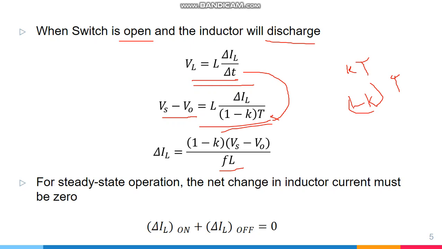Okay, so for steady state operation, the net change in inductor current must be 0. The sum of the change in current in the inductor during the on time and the change in current during the off time must be 0.